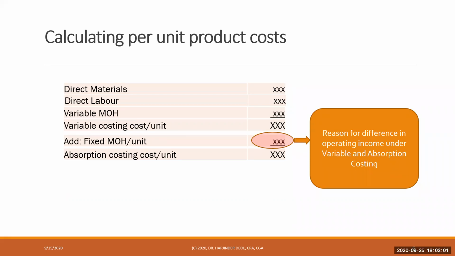Absorption costing does. And therefore, the per unit cost under the two approaches differs because of the per unit component of fixed manufacturing overhead. And this is essentially the reason for there being a difference in the operating income under the two costing approaches.